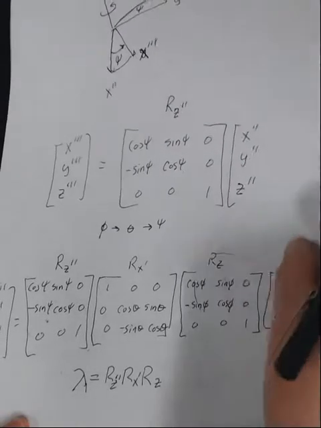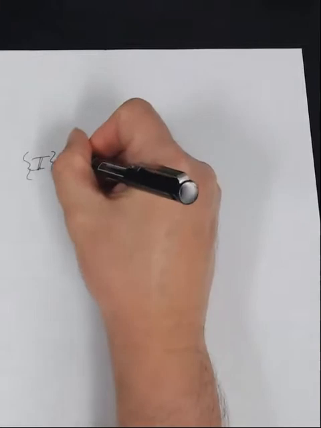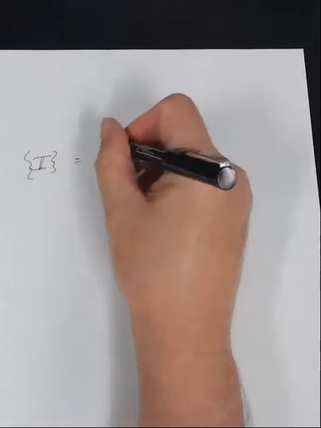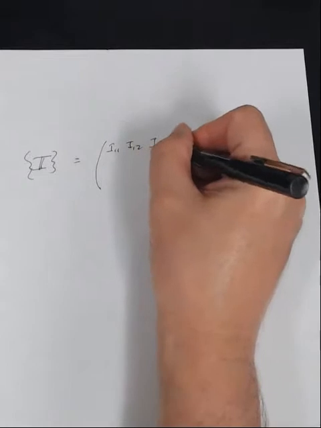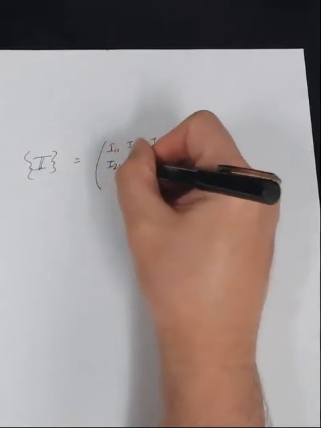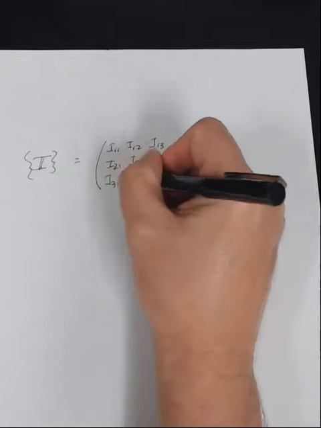Okay. What if you have, let's see here, let me get another piece of paper. What if you have a moment of inertia tensor? I11, I12, I13, I22, I23, and I31.